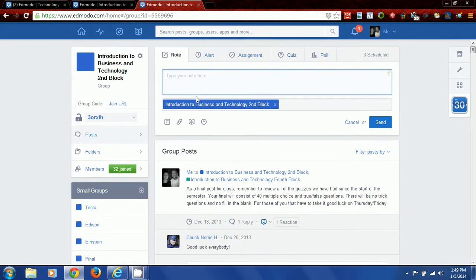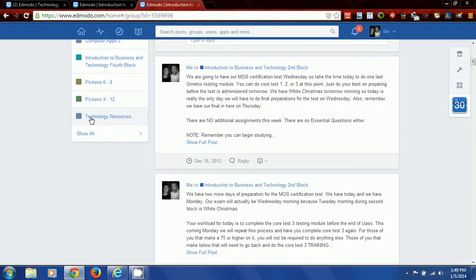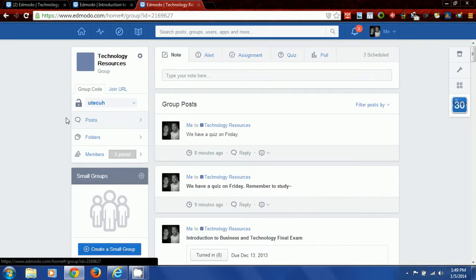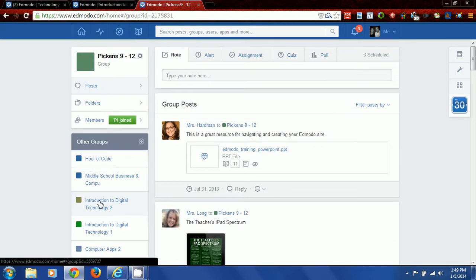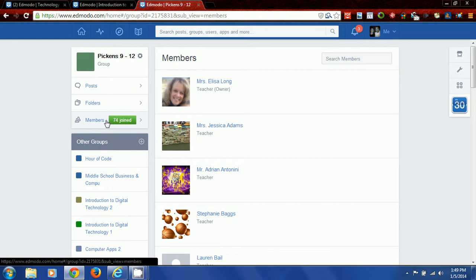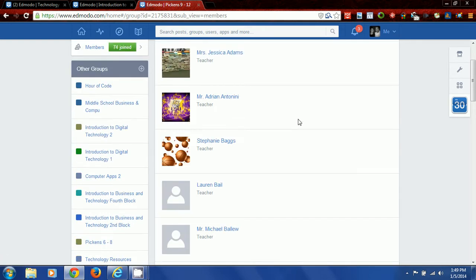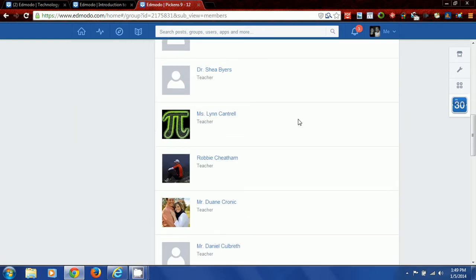So hopefully you can understand how all this works. Again, there are other learning management systems out there. Edmodo is just one I know for sure that our county has used for over a year now, and for the sake of authenticity and keeping it somewhat standardized, we have 74 members in our Pickens 9 through 12 group, which I know Miss Long last year had everyone sign in and create an account.